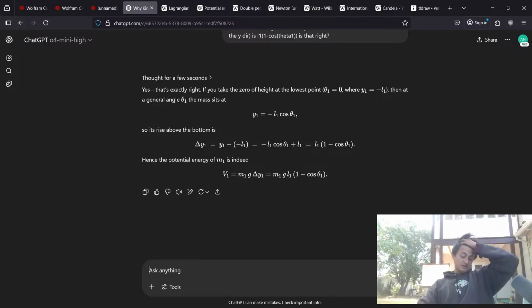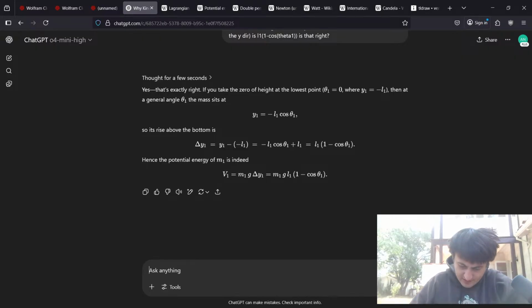Okay, so now we want to know the potential for the second mass. Second mass potential.